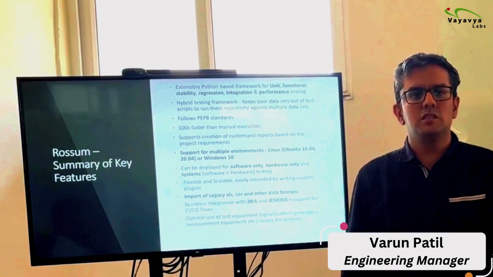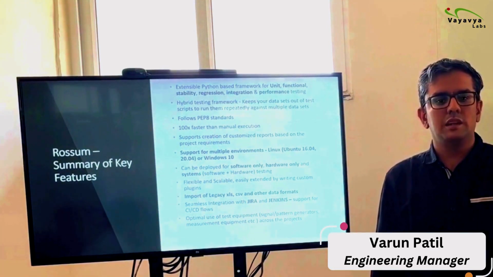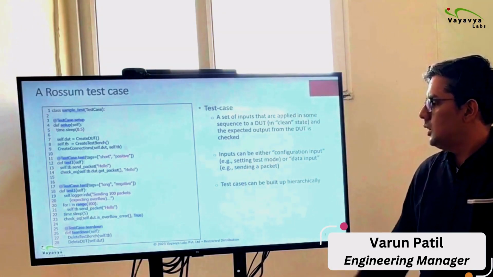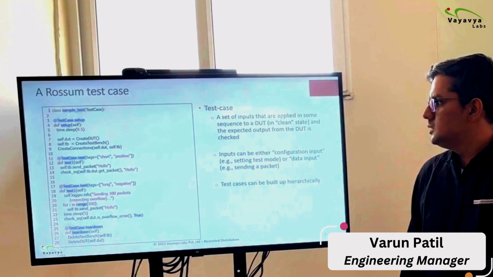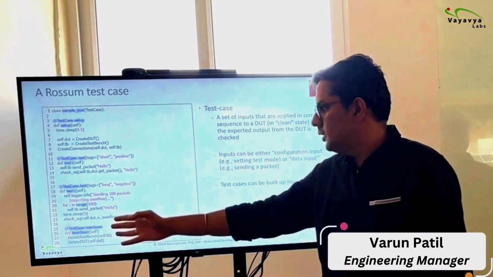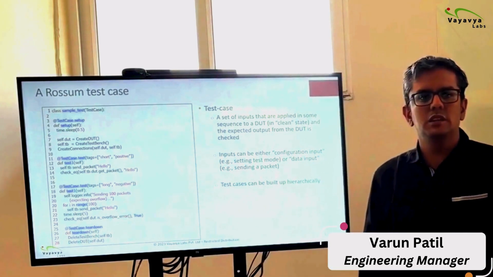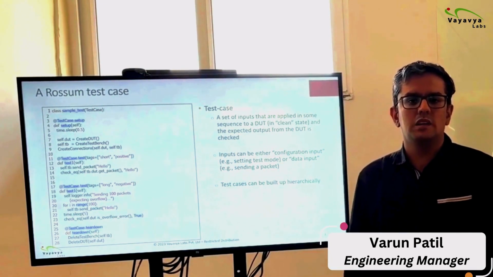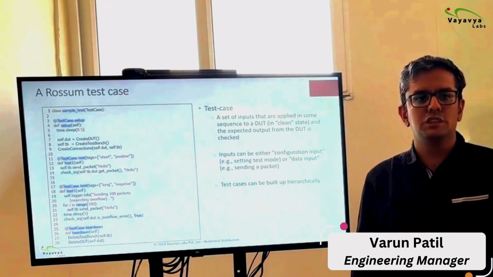Next, I would showcase how you can write a Python Rossum test case. What happens in a Rossum test case is basically you have something called a setup, test, and tear down. As part of the setup function, you write all your environment or the setup that is part of the test procedure.